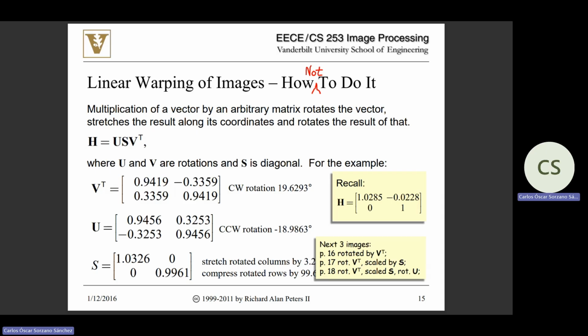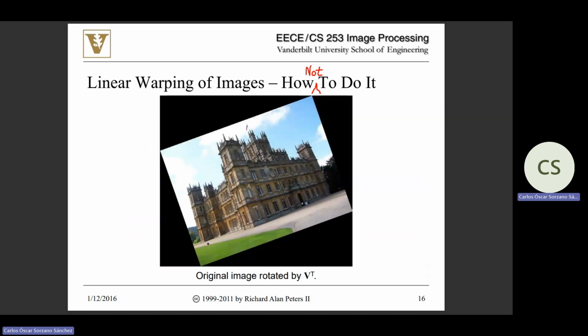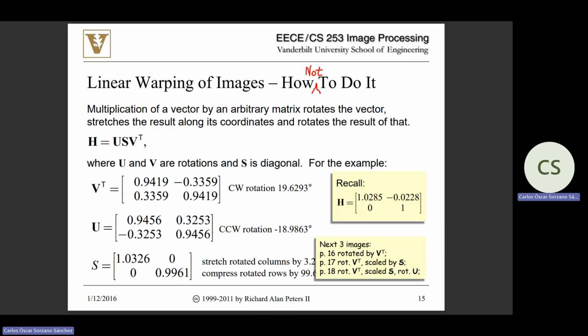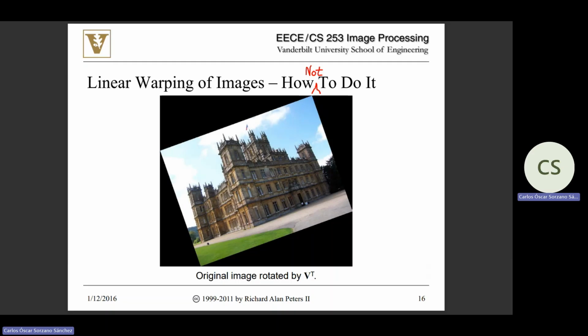rotating back. So this is the singular value decomposition of our previous transformation. We have some rotation matrix, then some other rotation matrix, and then our scaling. That means any transformation can be understood as first a rotation, so first we are applying that rotation by about 19 degrees.